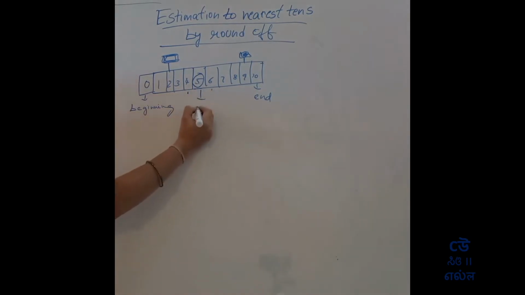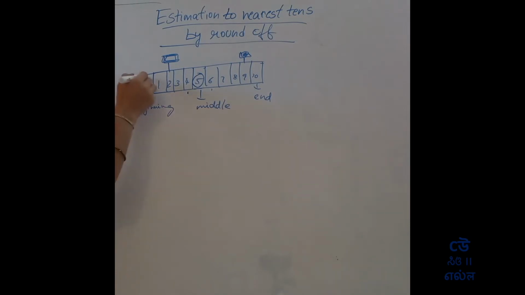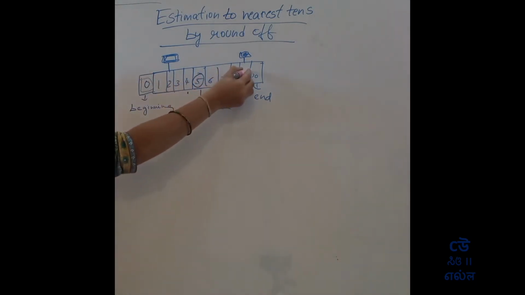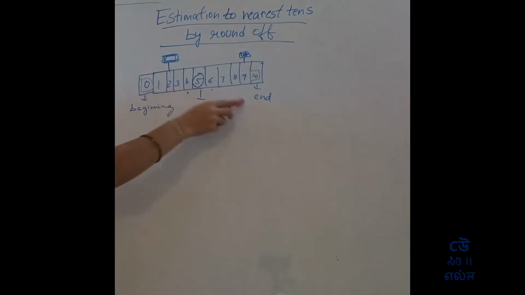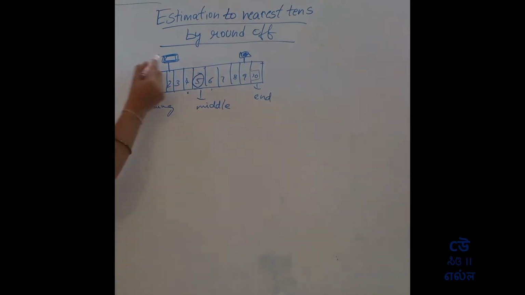This is the middle number we got. So this is the beginning number, this is the end number, and this is the middle number which we got, right? So see 2, this flag, right?